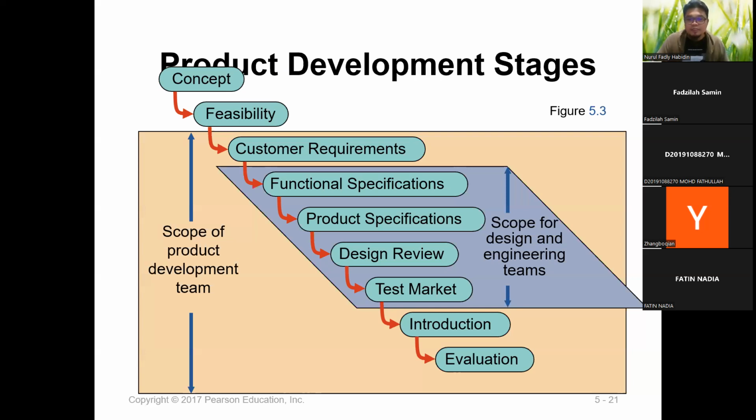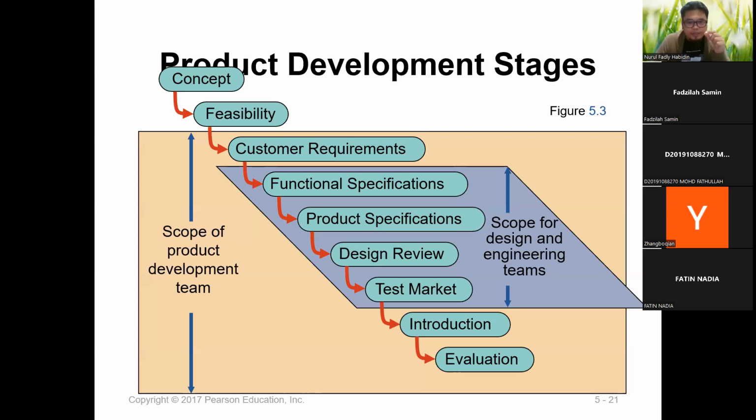Okay, in the process, for example, concept, feasibility, design, test market, introduction, evaluation. This is really important. Concept, feasibility, design review, test market, introduction, evaluation, 6 areas.